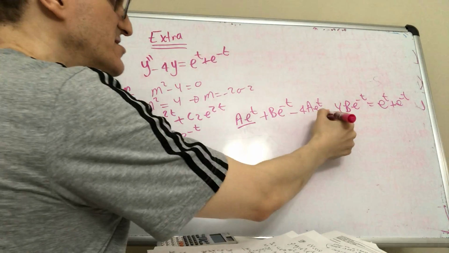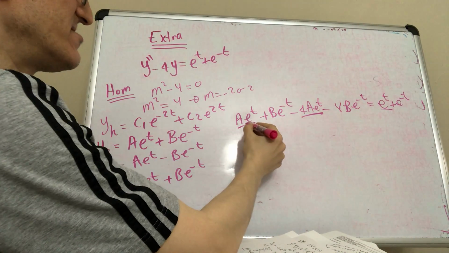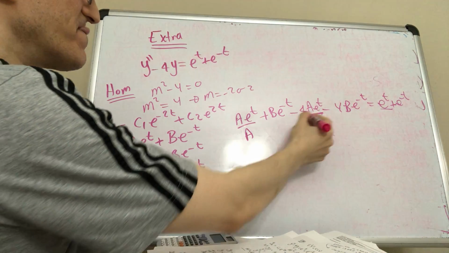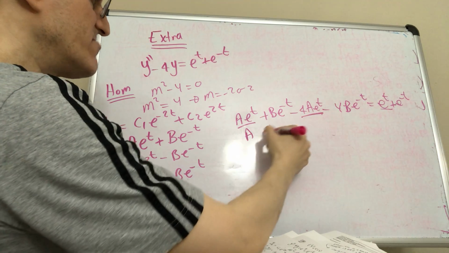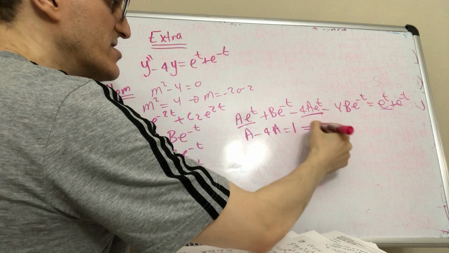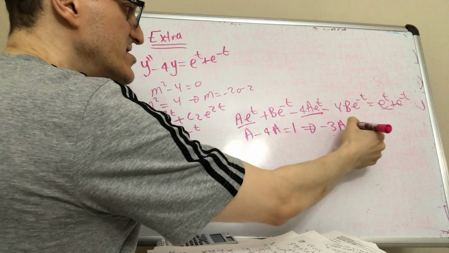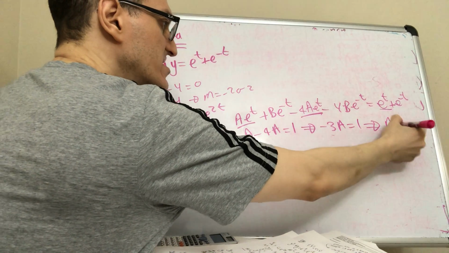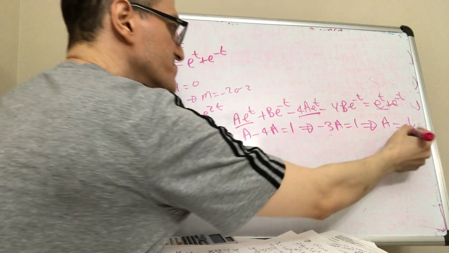We look at the e^t first. The coefficients are a and minus 4a, and the coefficient here is 1. So minus 3a equals 1, a is minus a third.